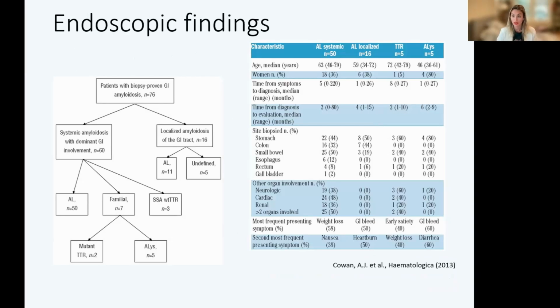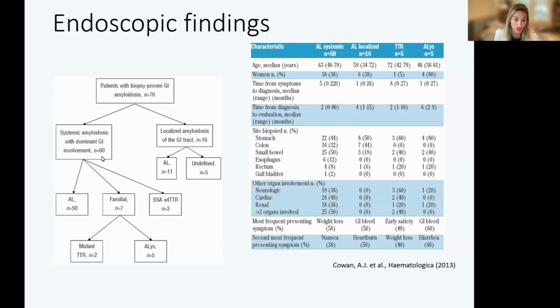So again, only 3% of a very large cohort. Of these 76 patients, a majority had systemic amyloidosis with dominant GI involvement, but there was also a group of patients, 16 of which, had just localized amyloid deposition.